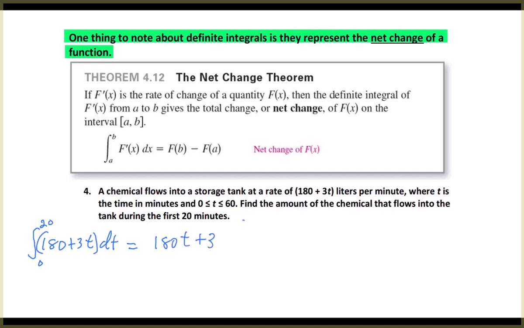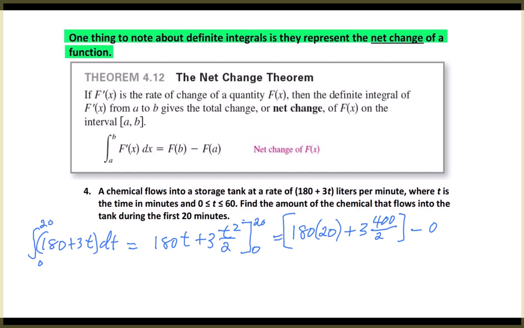So I get the antiderivative, and I'm going to evaluate that from 0 to 20. Every place I see a t, I'm going to put 20. 15 times 20 is 3,600. Now notice, for the 0 part, I've got 180t, so 180 times 0 is 0. 3 times t squared, 0.